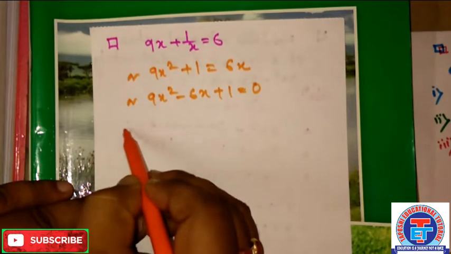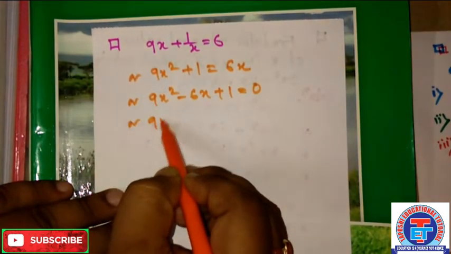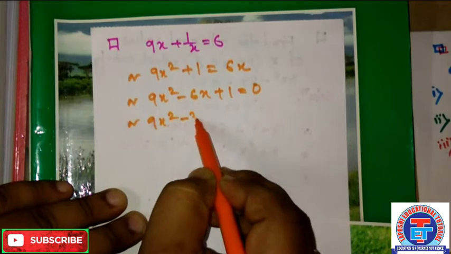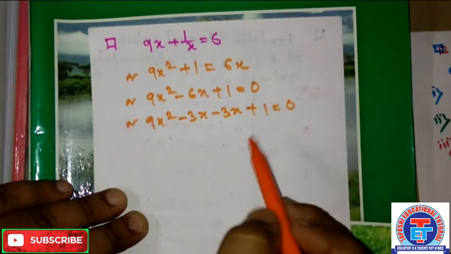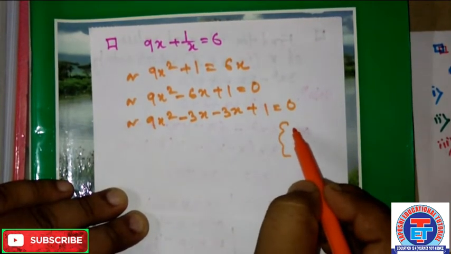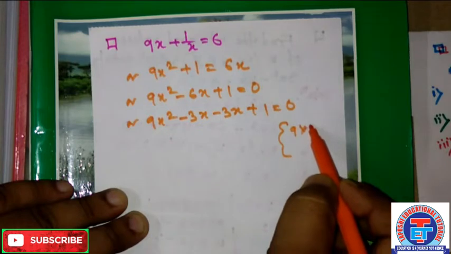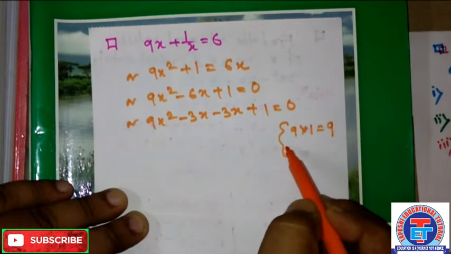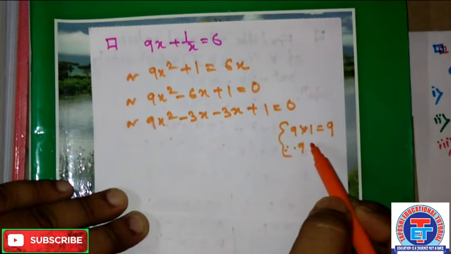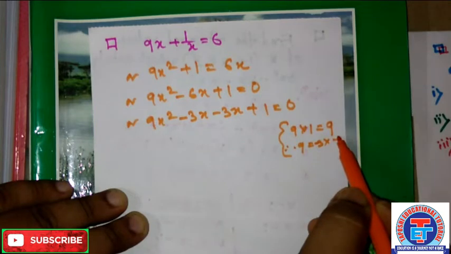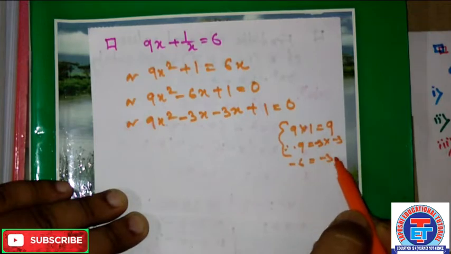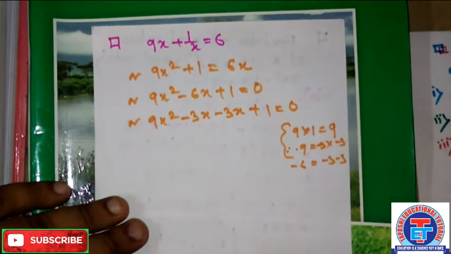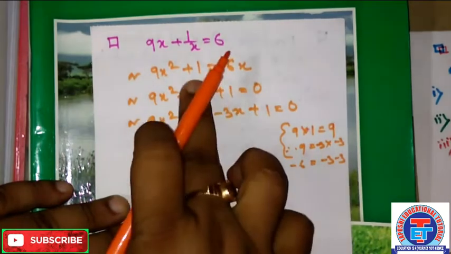So we can write this one, 9x square minus 3x minus 3x plus 1 is equal to 0. Here you should remember, here 9 into 1 is equal to 9. Okay, therefore 9 we split here, minus 3 into minus 3. Okay, so we can write minus 6 is equal to minus 3 minus 3, right? So in this process we split this middle term.